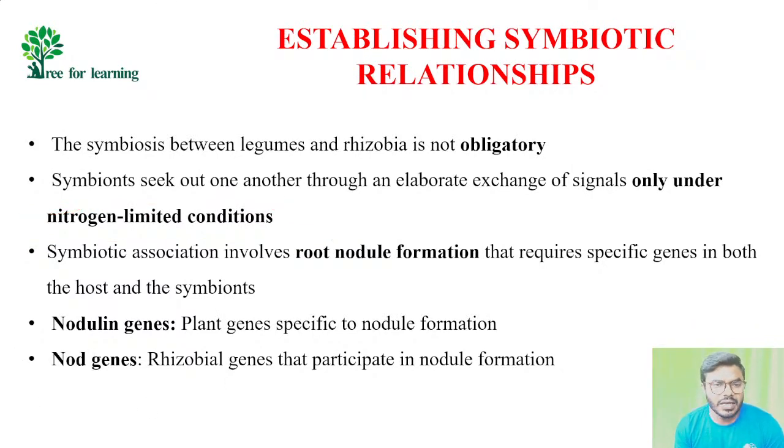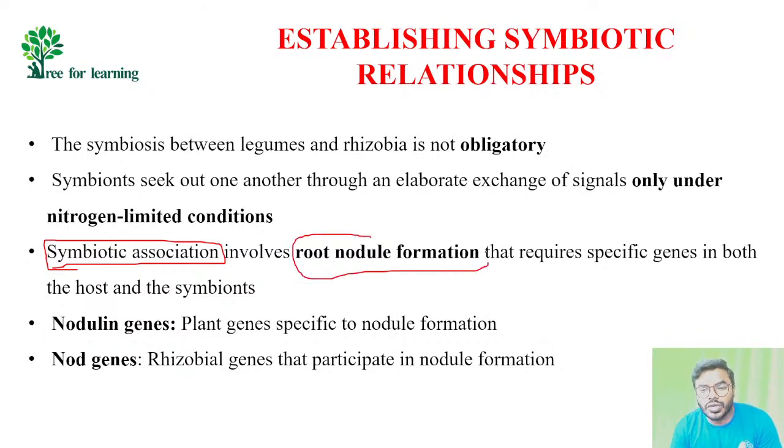Now tell me, friends, what is the ultimate goal of the symbiotic association? The root nodule formation. This is the ultimate goal. Now, if we want to form the root nodules, all the students remember my words.